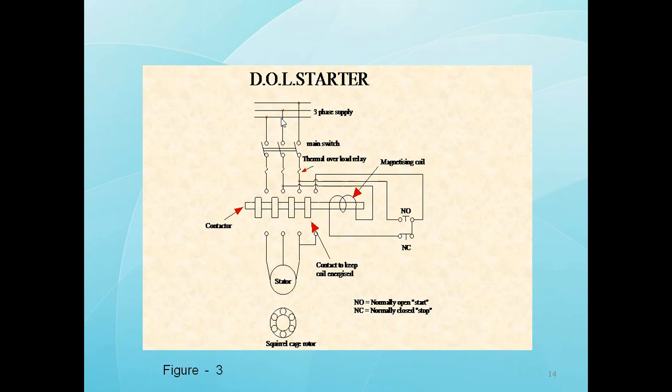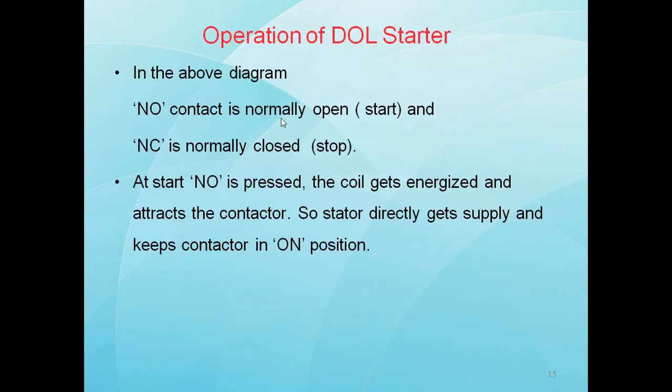In case of overload on the motor, the contacts of the overload relay will open and subsequently the motor stops. Suppose a short circuit comes, then what happened? The fuses which are there will operate and the motor stops. So that's why it is used for small rating motors, below 5 HP.